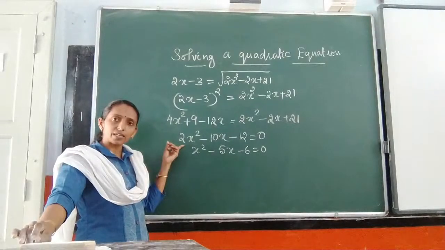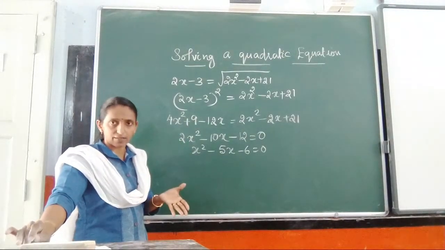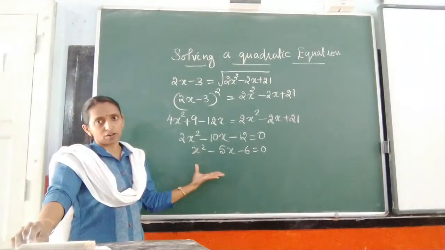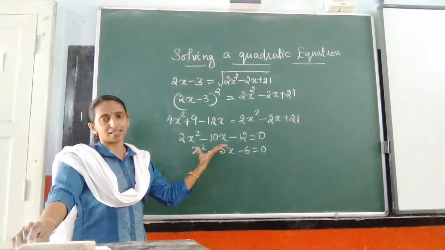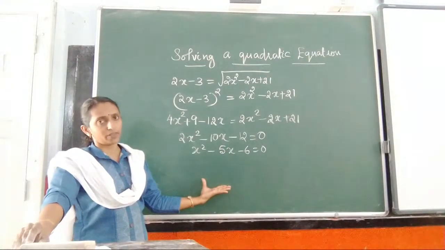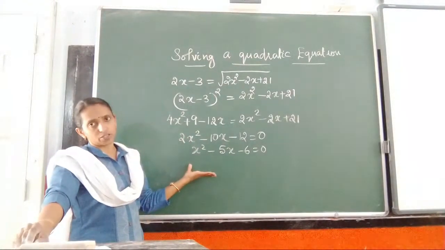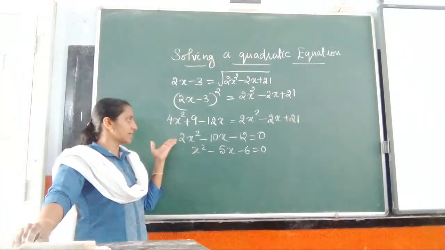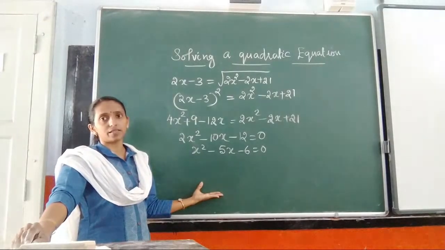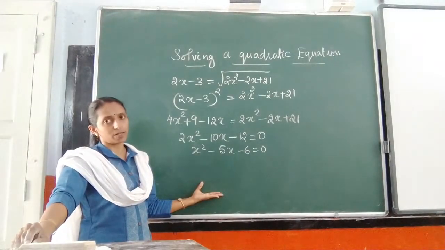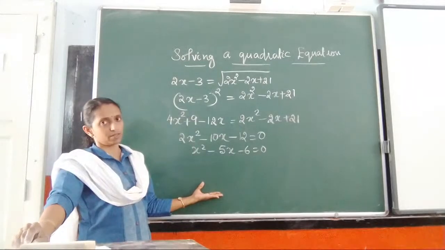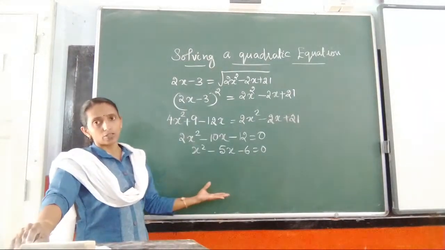Either you can factorize from here, there also you will get the value, or you can simplify first. But most probably we simplify, and after getting the equation in the simplified form, we will factorize. Any of the terms you can take, and then we will apply the procedure: splitting the middle term and finding out the factors of the numbers. Then equate to zero using the zero product rule.